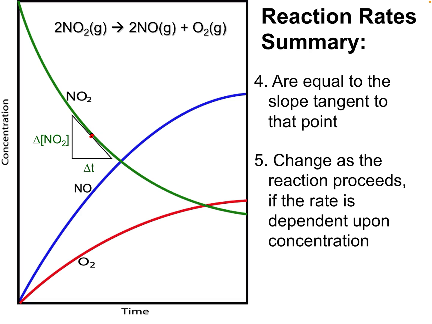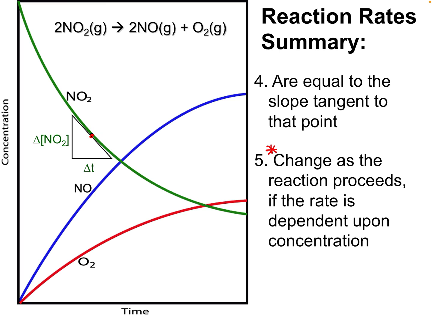This last bit says, if the rate is dependent upon concentration. That's a spoiler alert. We're going to look a little bit later at things called zero-order reactions, in which the rate can be independent of concentration. But in general, the rate will change as the concentration changes.